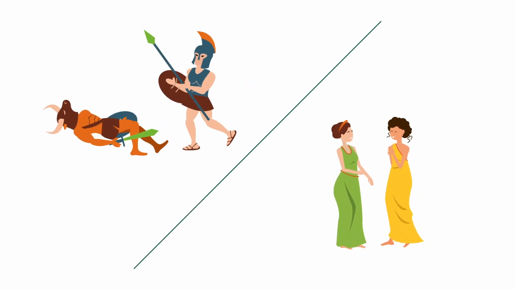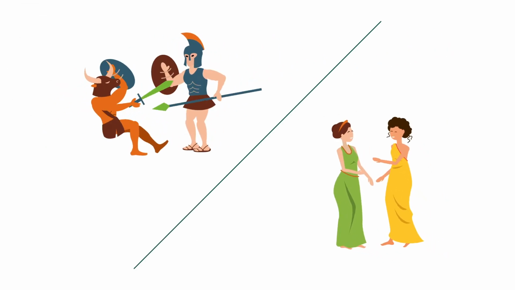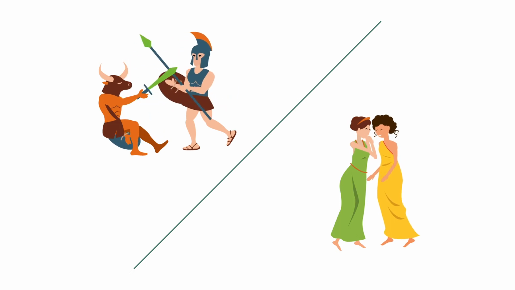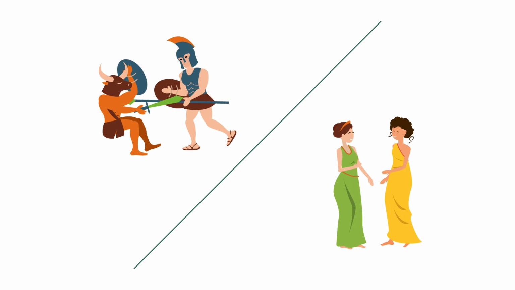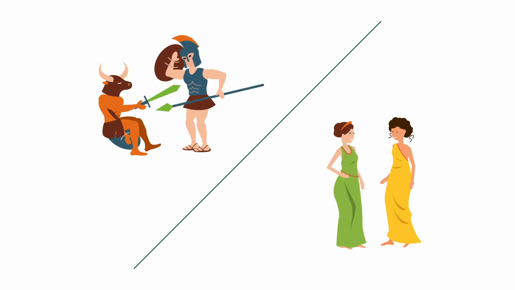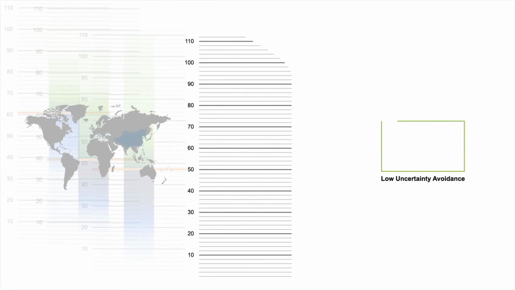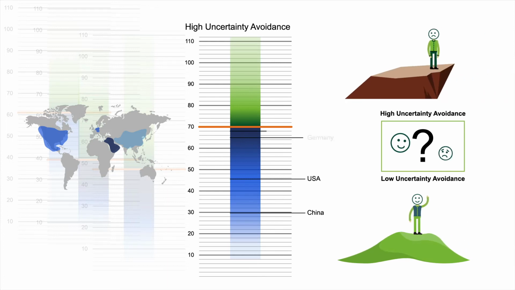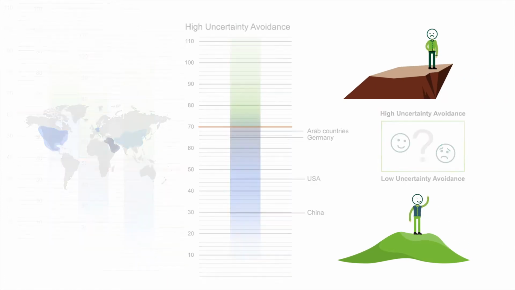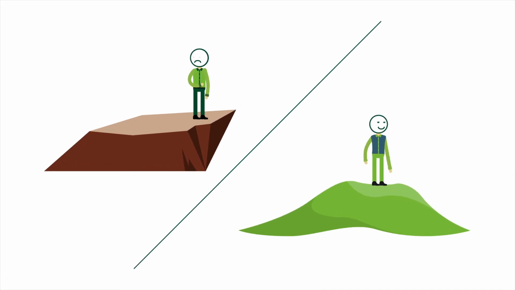Hofstede defines masculine behavior as assertive, tough, and geared towards material success, and feminine behavior as modest, affectionate, concerned about the quality of life. Uncertainty avoidance, the fourth dimension, measures to what extent the members of a culture feel threatened by ambiguous or unfamiliar situations. The need for security can be high, but there are also cultures that are less stressed by uncertainty.